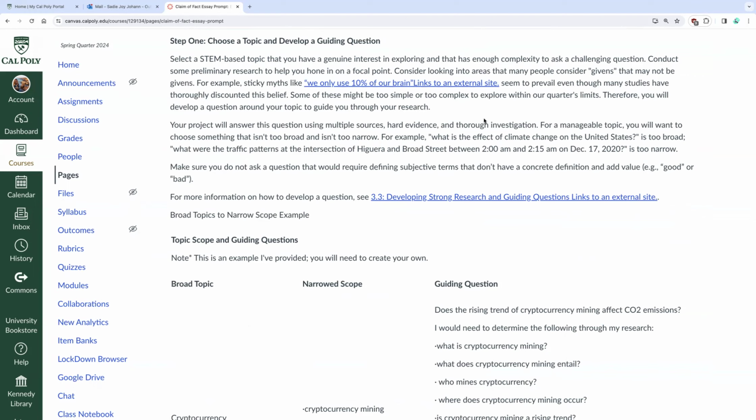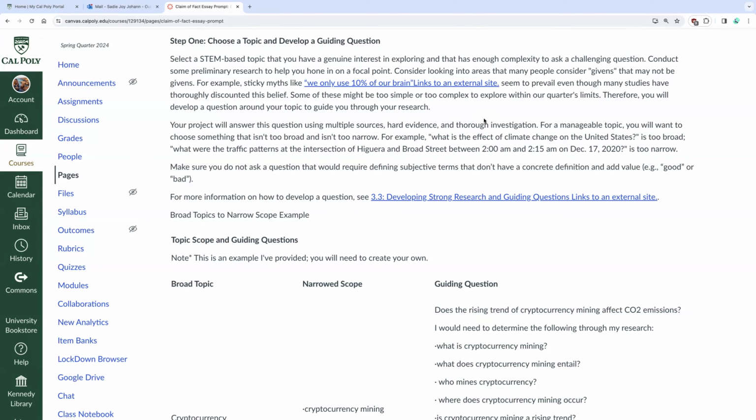So select the topic you have a genuine interest in exploring and that has enough complexity to ask a challenging question. Conduct some preliminary research to help you hone in on a focal point. And you can even consider looking into areas that many people consider givens that may not be givens. For example, sticky myths like we only use 10% of our brain seem to prevail, even though many studies have thoroughly discounted this belief.